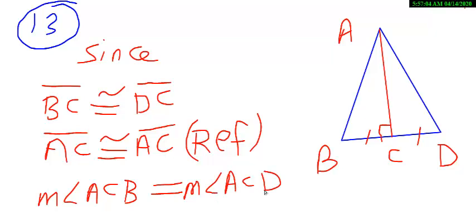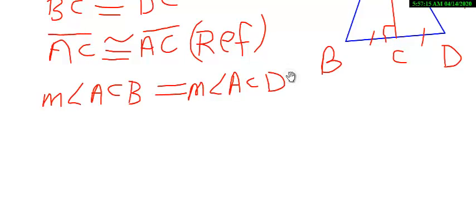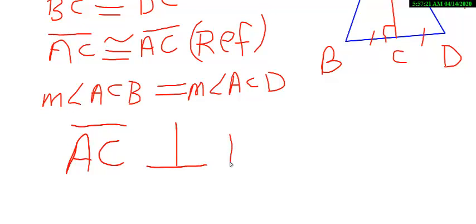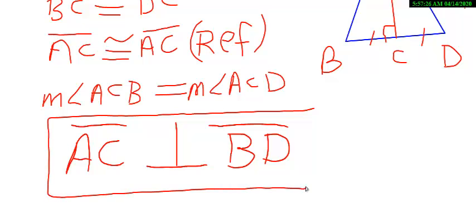This is the third condition, and it will never come true if AC is not perpendicular to BD. So the correct answer has to be AC perpendicular to BD, not congruent, and this gives the answer for this question.